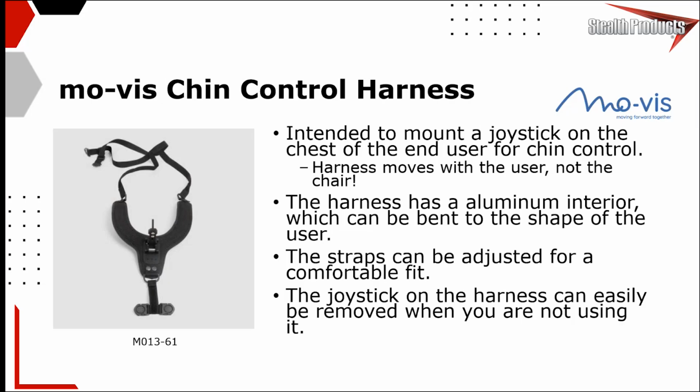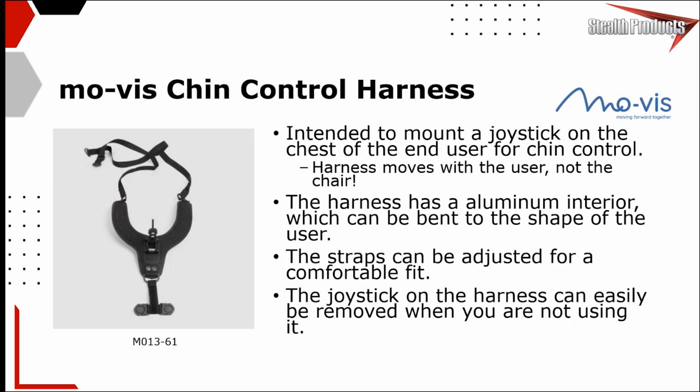But the hardware also has a quick release from the harness, so that it can be removed for transfers and ADLs, right? So the harness can come off the client and be dropped on the floor, and you can safely mount that joystick to the chair and not have fear of it getting stepped on or something, right? But it can quickly be removed for transfers, for ADLs, things like that.